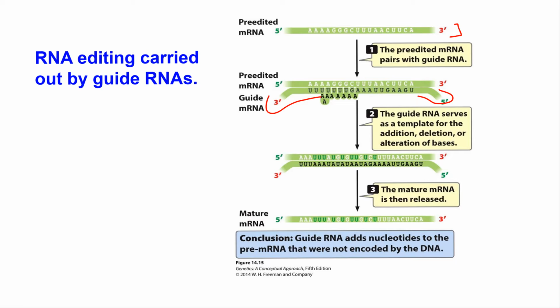This triggers cleavage in the mRNA and adding or deleting of sequence, depending on the sequence of the guide RNA. In this particular case, you can see new nucleotides added based on the sequence of the guide RNA. So guide RNA adds or deletes nucleotides to the pre-mRNA and yields sequences which were not encoded in the DNA.